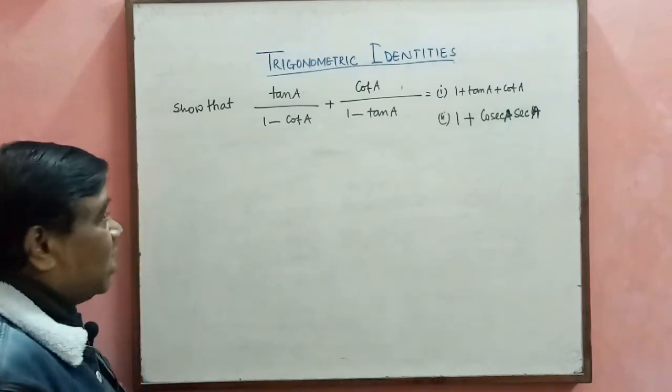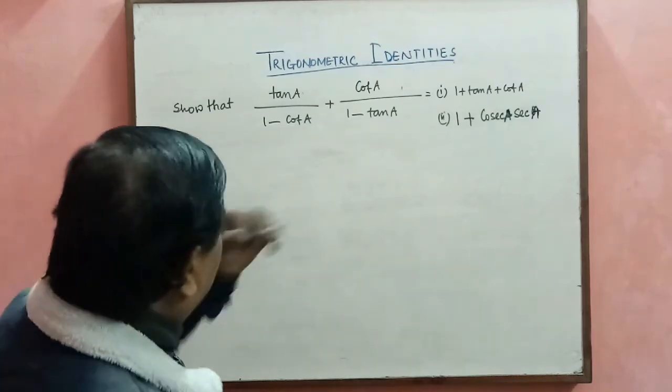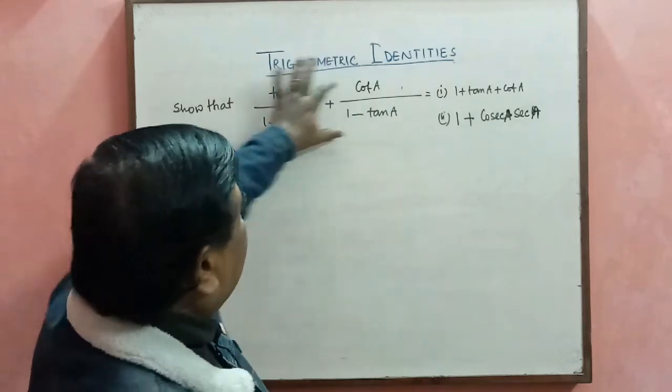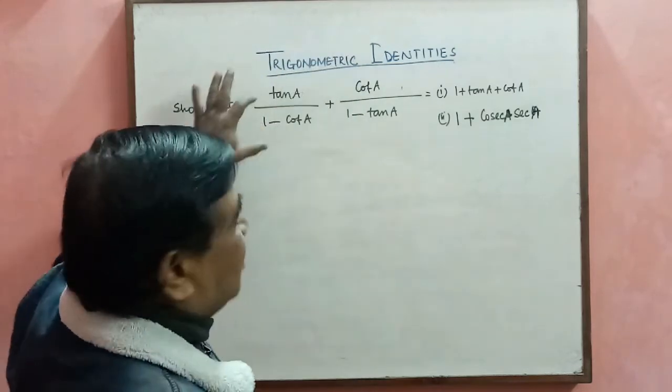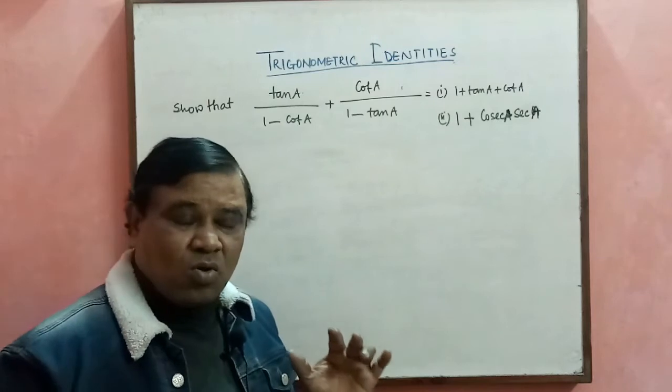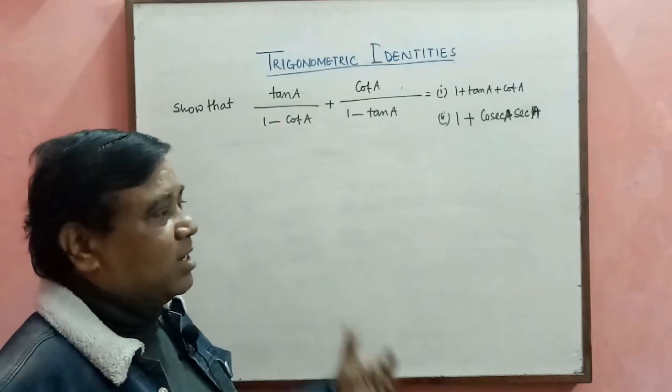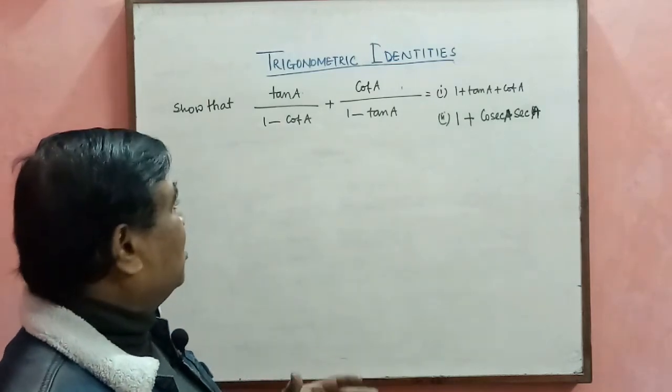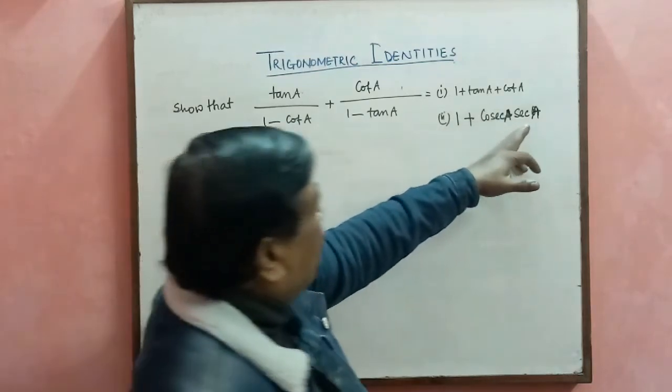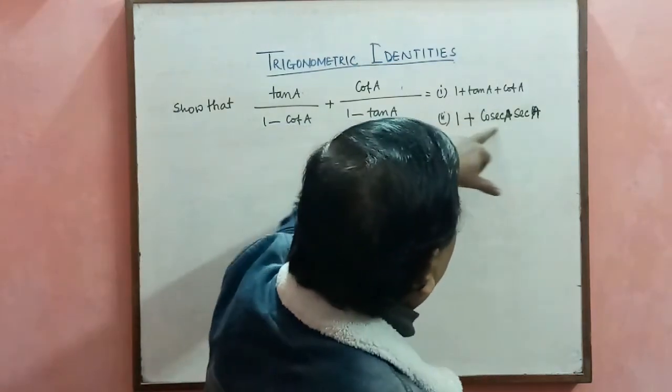See, I told you that any trigonometric variable can easily be converted into cos theta or sin theta or both. Here we have cosec and sec, which are directly linked to sin and cos.